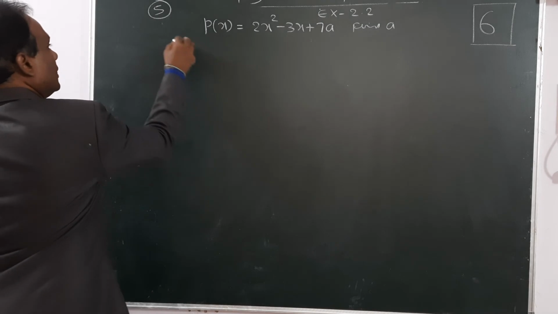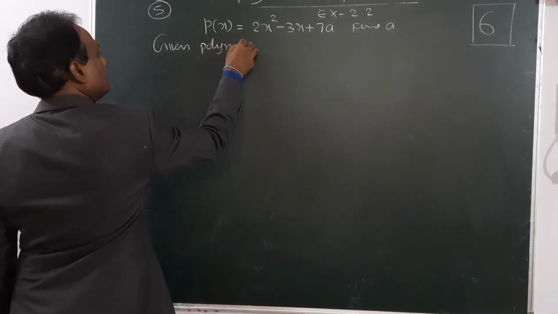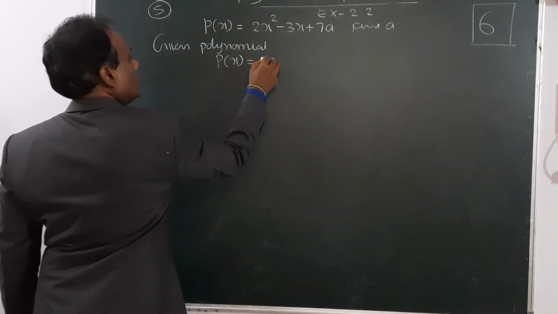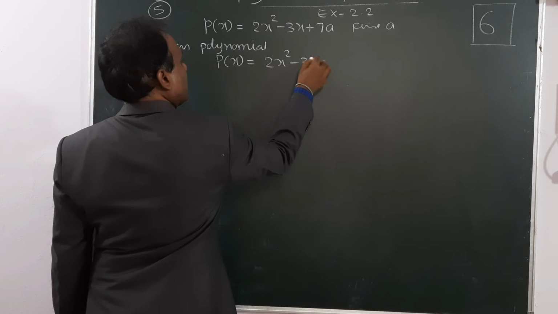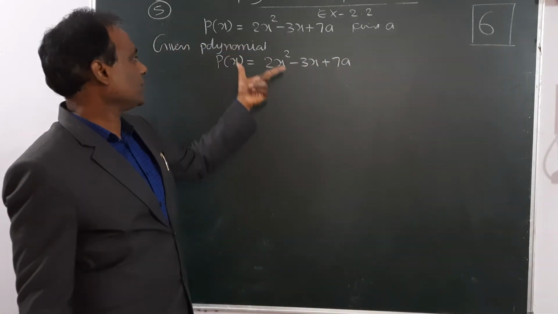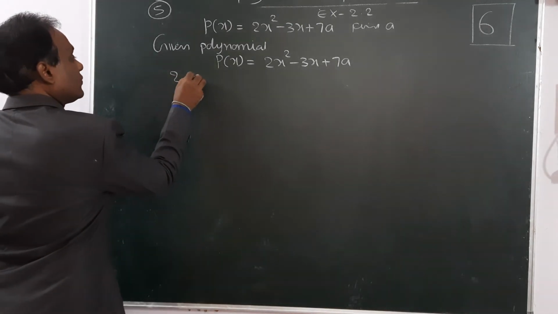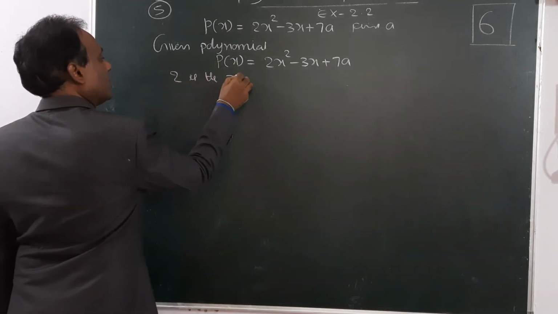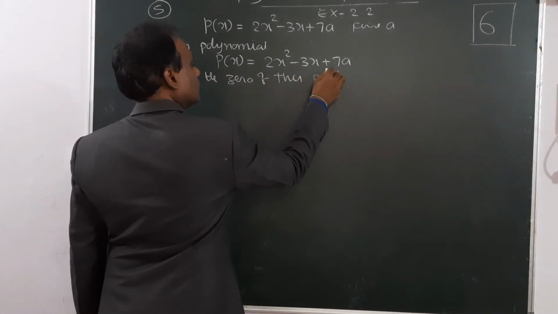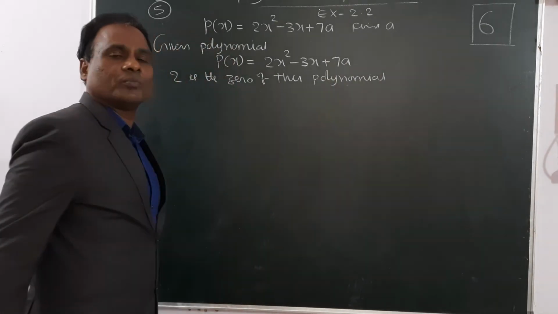Now, given polynomial p of x is equal to 2x square minus 3x plus 7a. This is the given polynomial. It is given that 2 is the 0 of this polynomial.